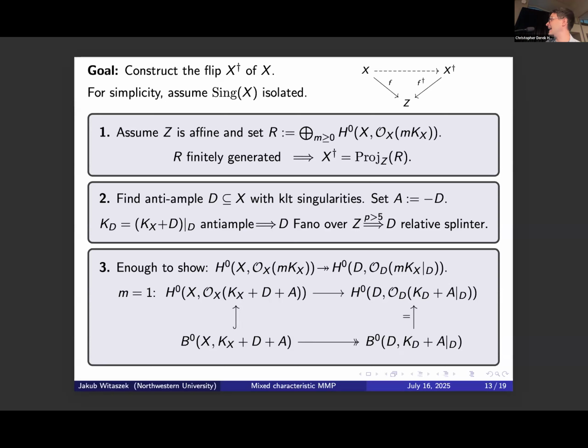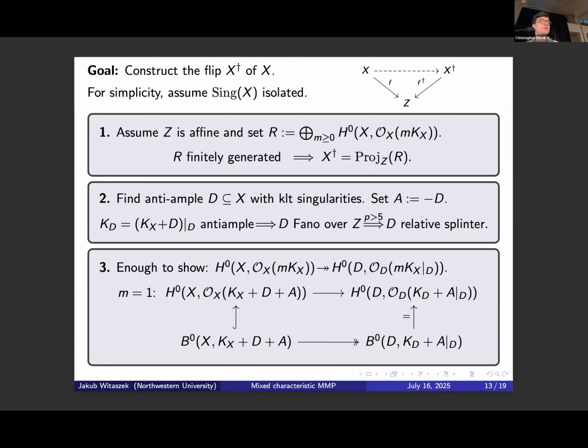And we have a map from KX plus D plus A to KD plus A restricted to D. Now, by Bhargav's result and by what Karl explained to us in his first lecture, this map on B0 is always surjective, as you would expect on H0 in characteristic 0. So the bottom map is surjective, but this is still not enough to lift to surjectivity on H0.